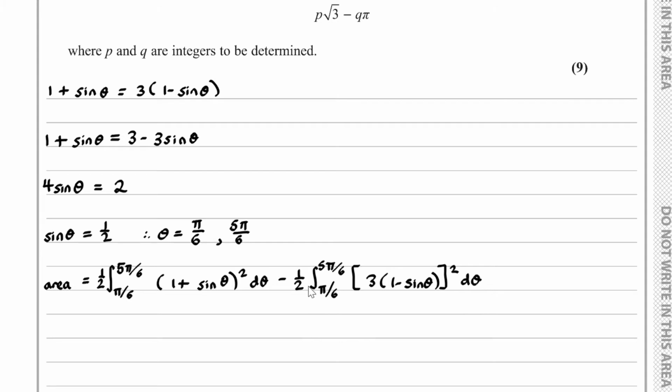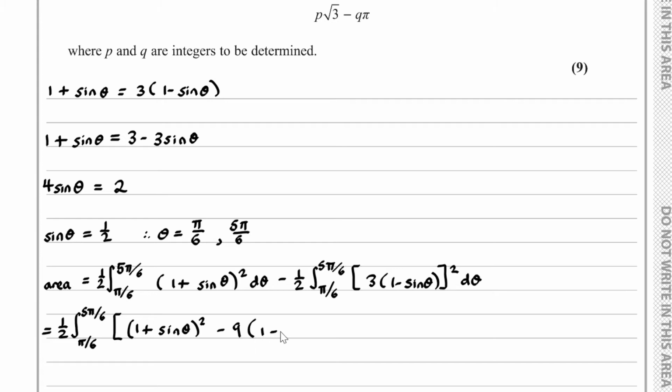So if we factorise out a 1/2 as a common factor, we've got 1/2 times the integral between pi over 6 and 5 pi over 6 of 1 plus sine theta squared minus, now here, 3 squared, that's 9.